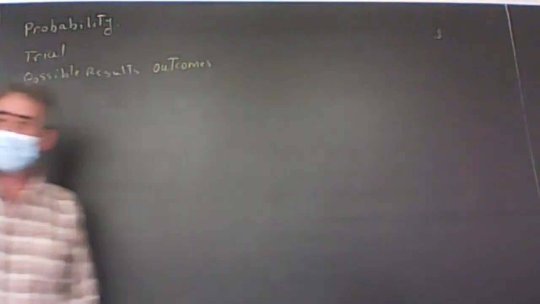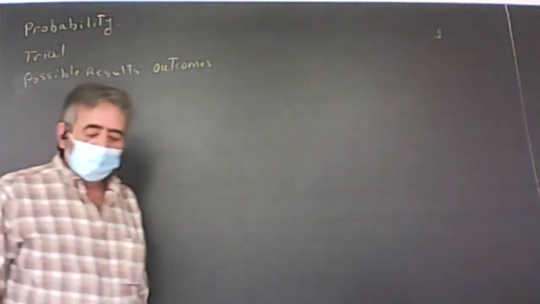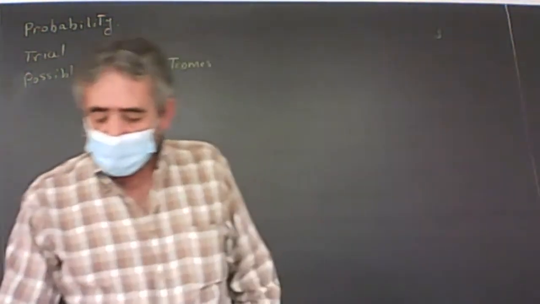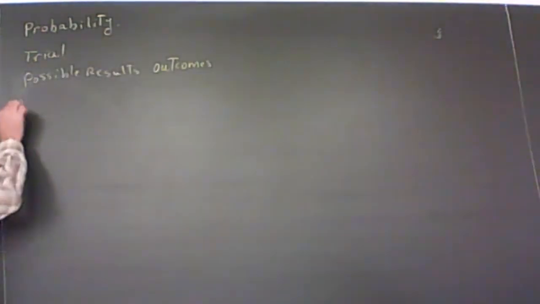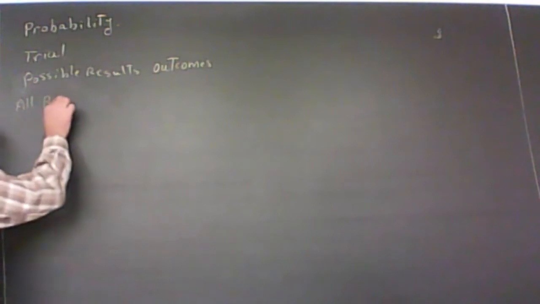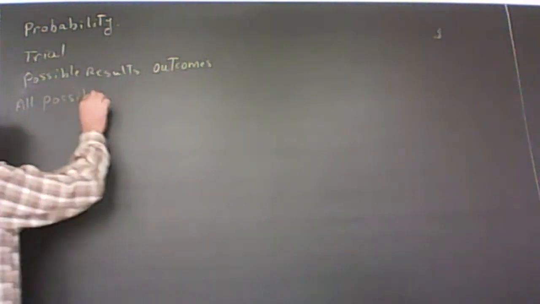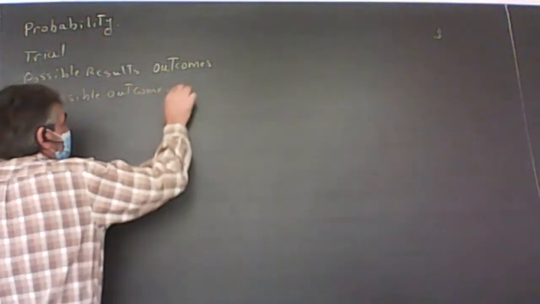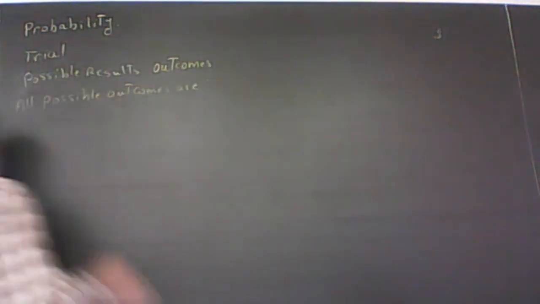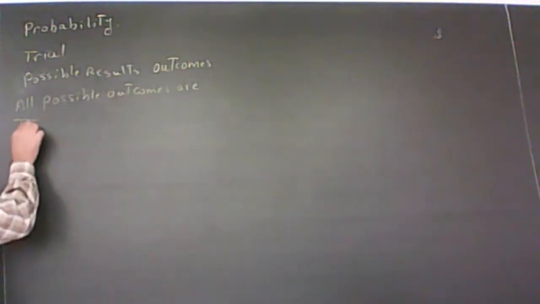So we say these are the outcomes of the experiment. And another definition: all possible outcomes are the sample space.